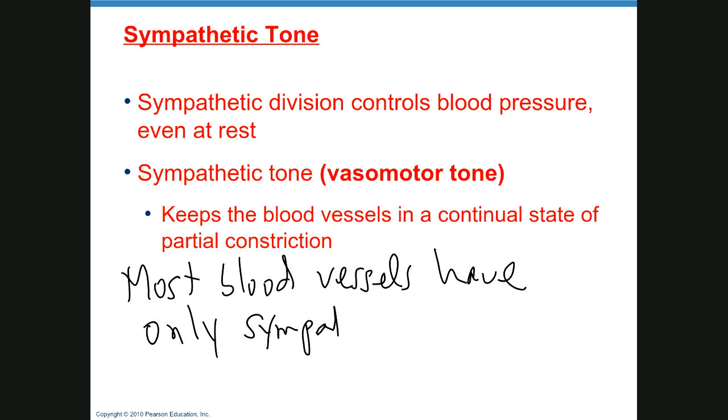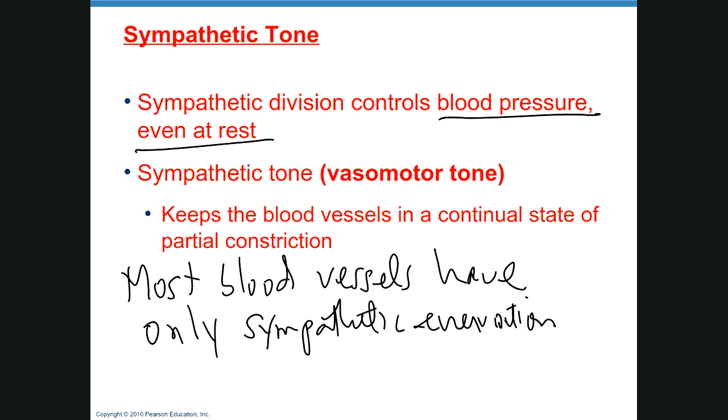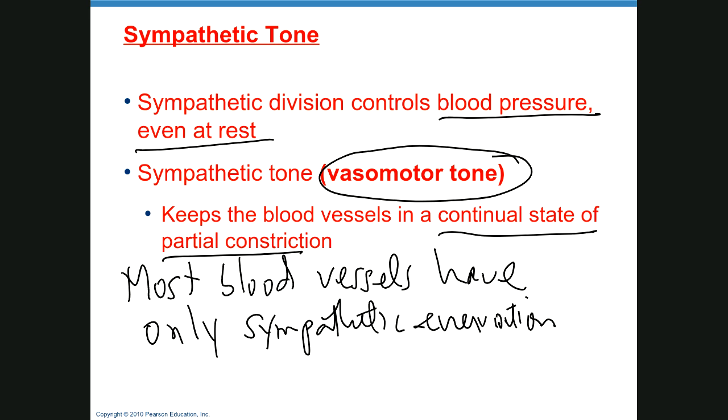So the sympathetic nervous system is going to control most blood vessels, and by doing that, it controls blood pressure. That's what we call the vasomotor tone. What the sympathetic innervation is going to do is continually partially constrict blood vessels to keep up blood pressure.